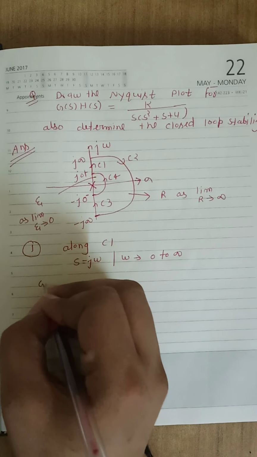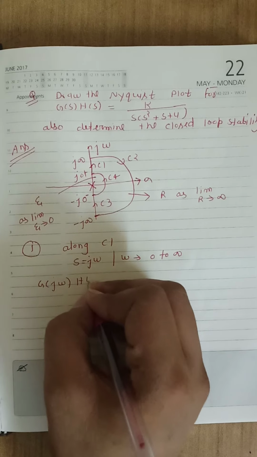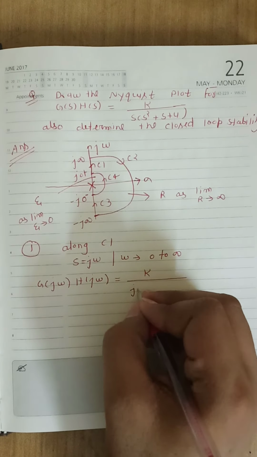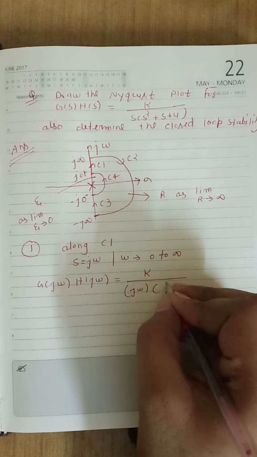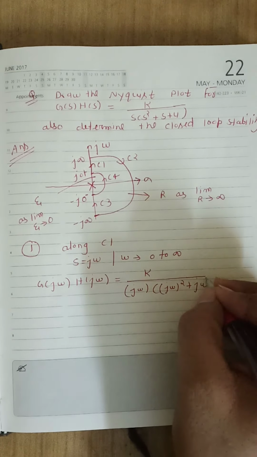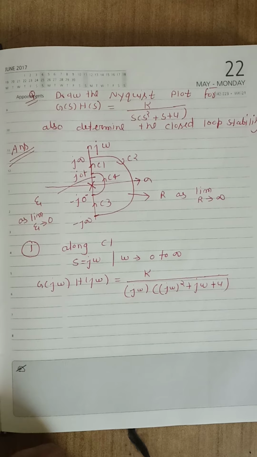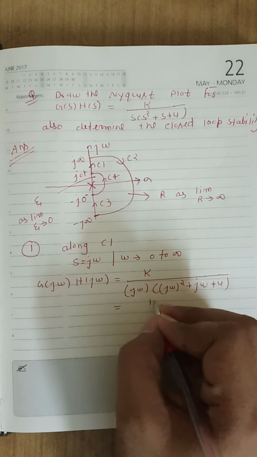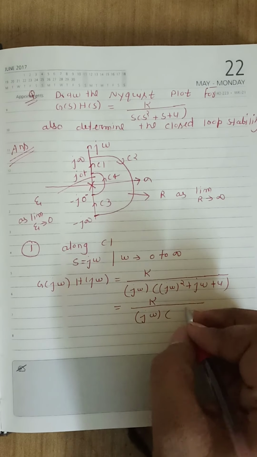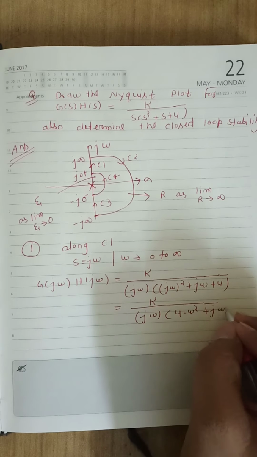Now define the open loop transfer function for S equal to j omega. So we have G(j omega)H(j omega) equal to K over j omega times (j omega) square plus j omega plus 4, or you can write it as K over j omega times (4 minus omega square plus j omega).